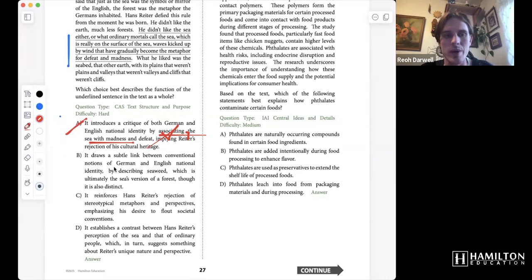B, we're getting too in the weeds, right? Are we really describing English and national identity? Are we really linking these two according to this passage? No, our focus is on Hans Reiter. And additionally, this underlined portion doesn't have anything to do with the English or the German. Rather, it has solely to do with our character of Hans Reiter.